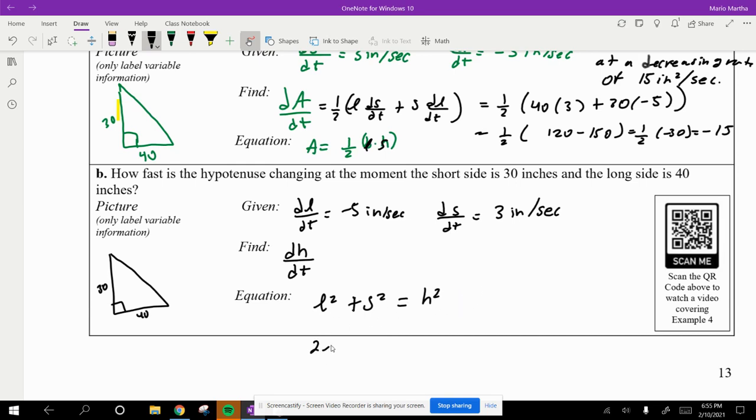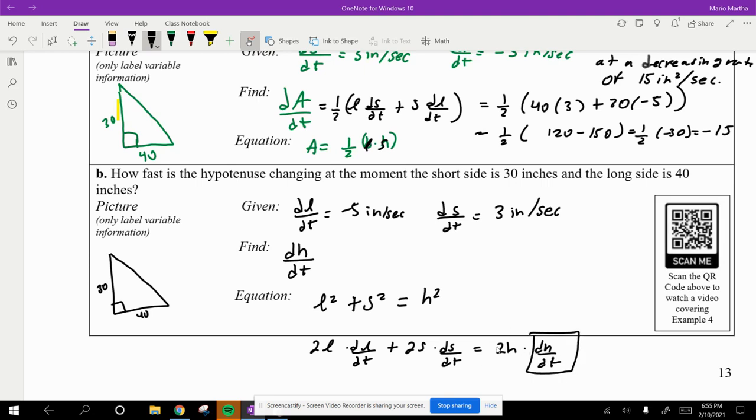So that's going to be 2L times dl over dt, plus 2S times ds over dt. Don't forget to attach that derivative part. Equals 2H times dh over dt. And this is pretty much what we're trying to find right now, dh over dt.